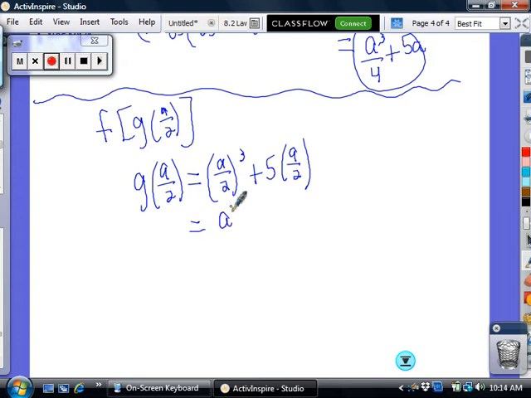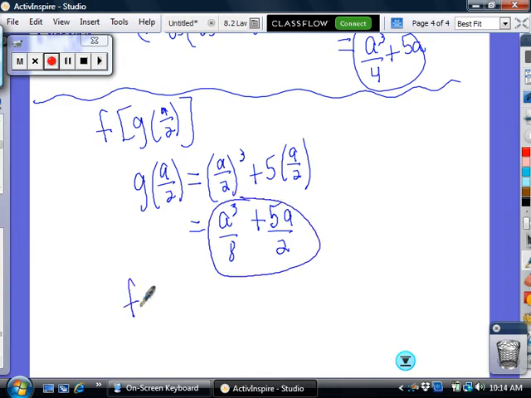That would give me a to the third over 8 plus 5a over 2. Now we'll take this amount and plug it into f.